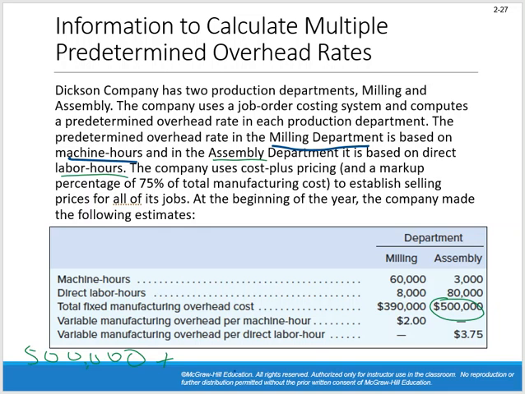So we're going to take 80,000 direct labor hours right here and multiply it by 3.75. Sorry, kind of sloppy, really sloppy. If we do all our math there, that ends up being 800,000.